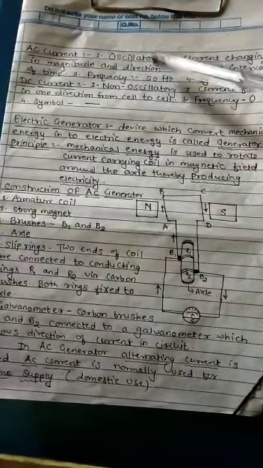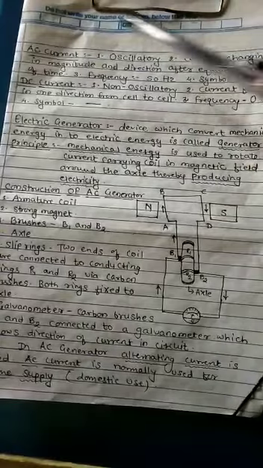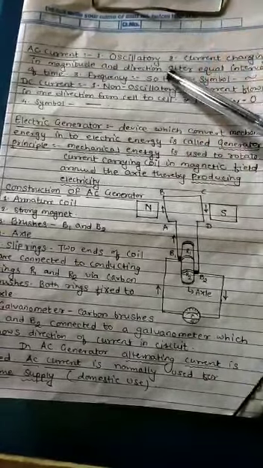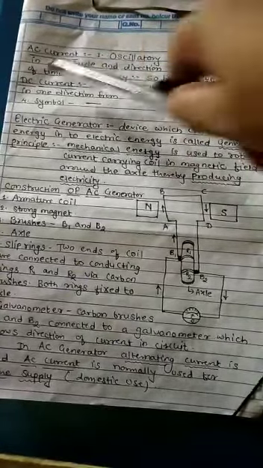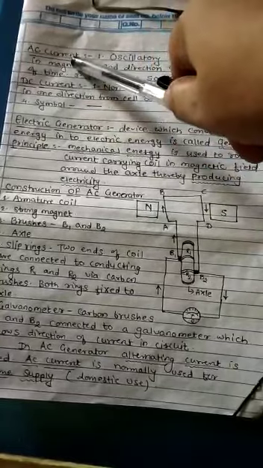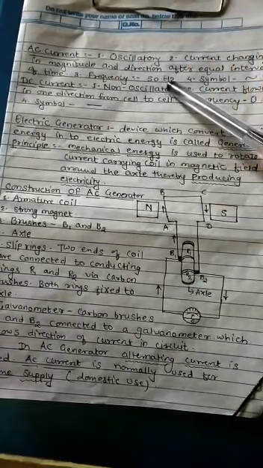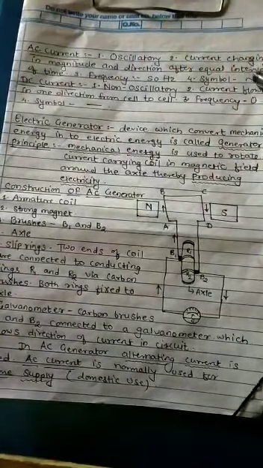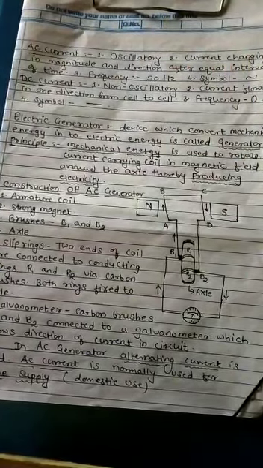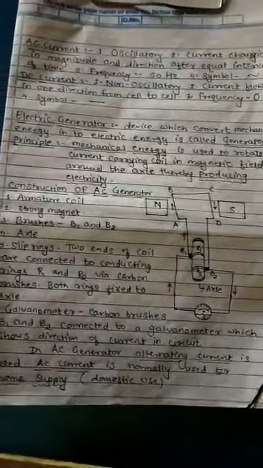Oscillatory means changing: current changing in magnitude and direction after an interval of time. This is your AC current. The frequency of AC current is 50 Hertz and the symbol is zigzag. It is a zigzag current.